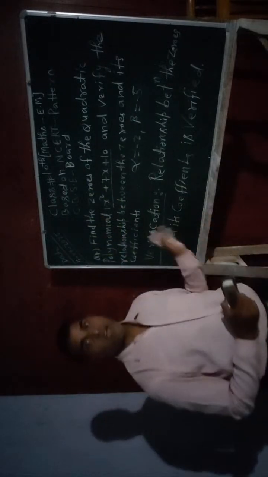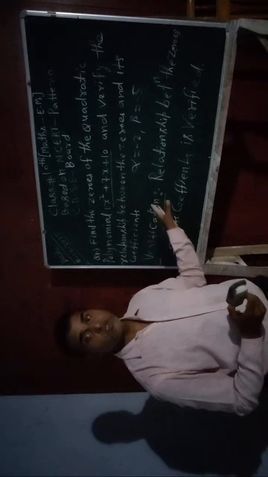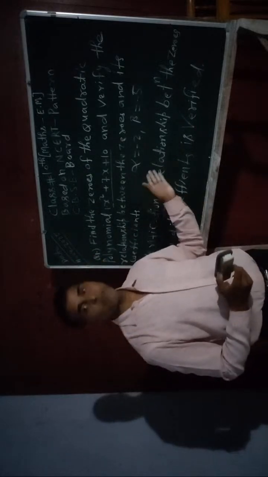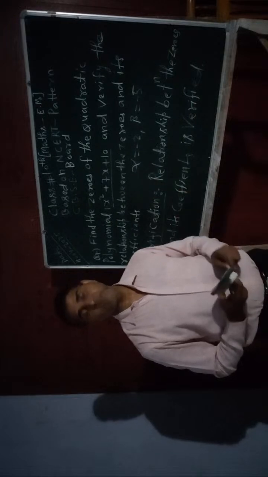Now I have also got the sum of zeros, that is alpha plus beta. I have got its value -7, meaning the minus sign I have taken outside, and then I have written 7 divided by 1. 7 is the coefficient of x and 1 is the coefficient of x square.